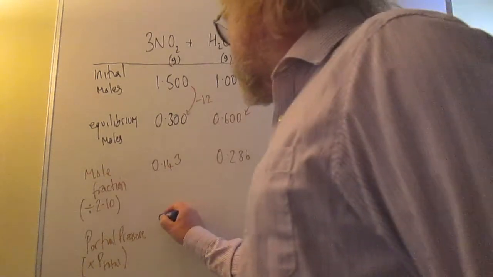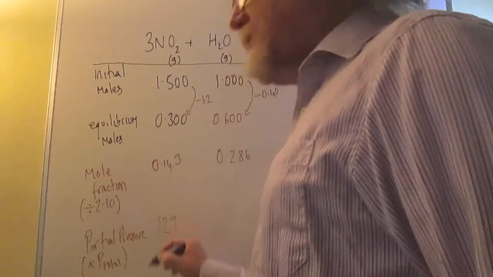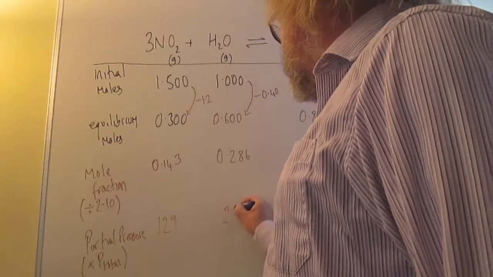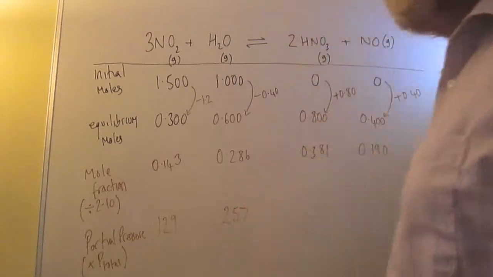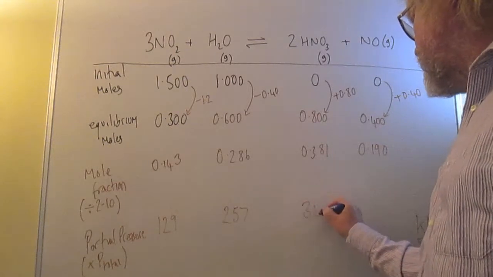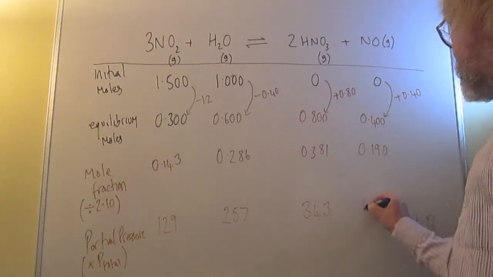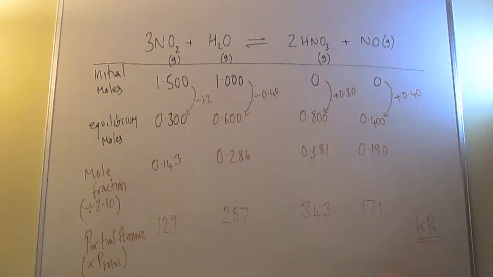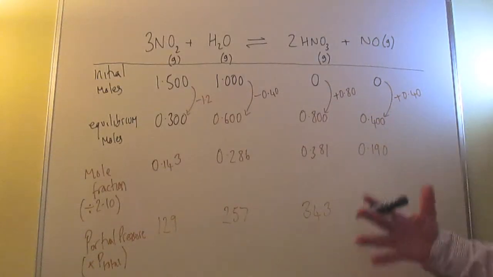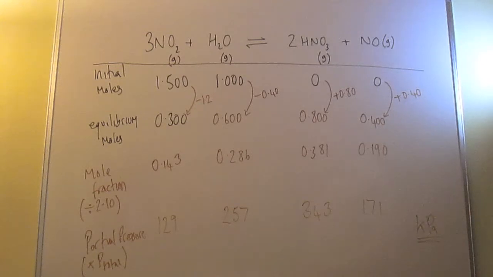So if we do that, we get 129 for this one, and 257 for that one, 343 and 171. So now we have all the data we need, and we can just feed them into the Kp expression that we've already written down.